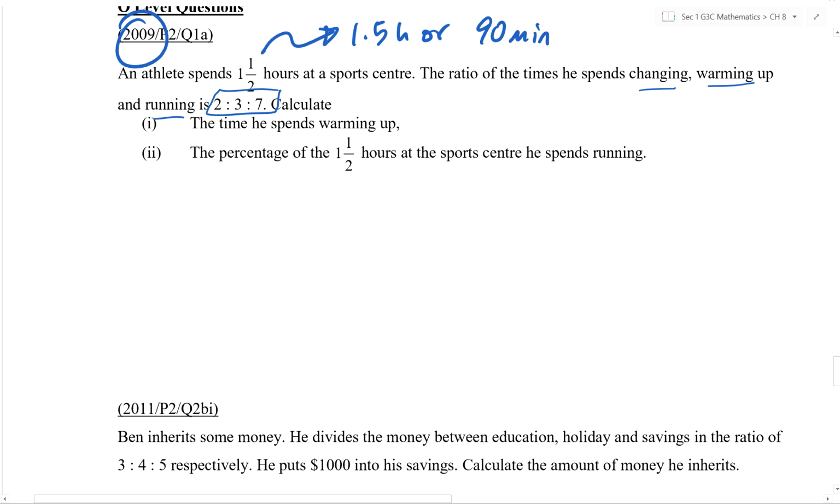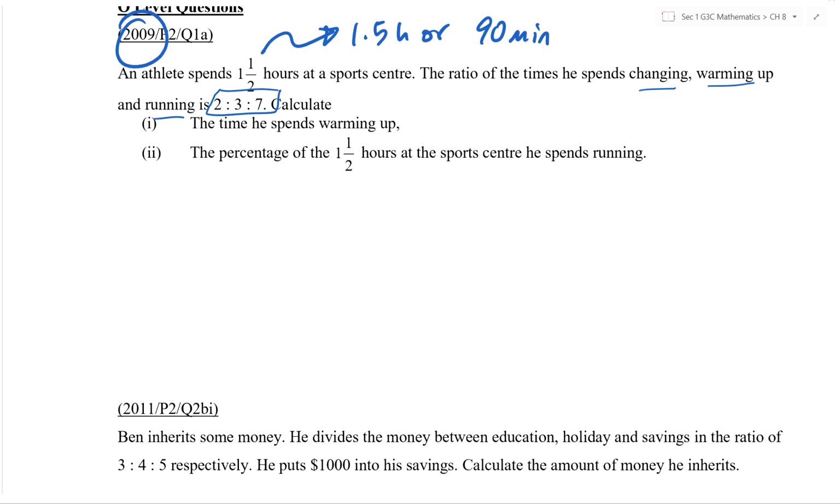Calculate the time he spends warming up. So based on this, the question didn't say whether they want the answer in hours or in minutes. So it is really up to us. Let me stick to using hours because there's actually no reason to change to minutes.